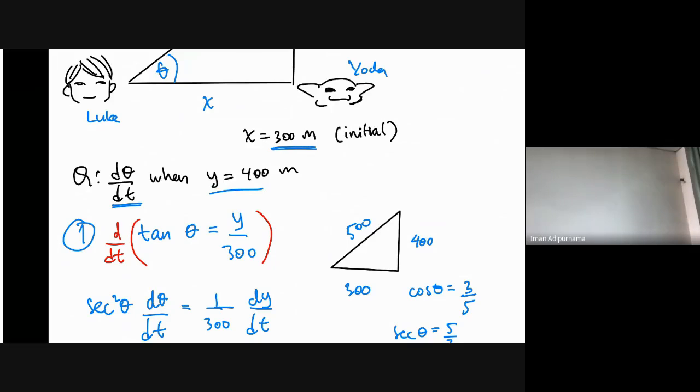Easy, right? But if you have a constant, maybe 300 over something here, then it will become minus a constant over y squared, and maybe you will make a mistake in the calculations. To avoid that mistake, please choose any trigonometric function that is easy to derive. That's also my suggestion.